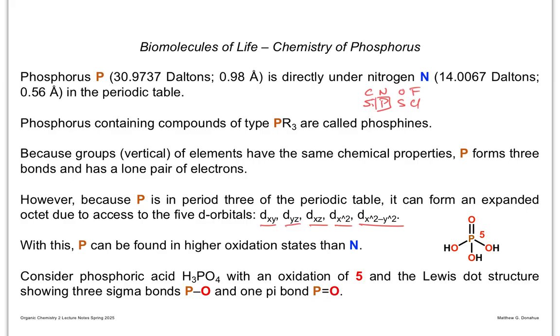So when you look at that, it has 3 sigma bonds to oxygen and then 1 pi bond to an oxygen. And so phosphoric acid itself is pretty interesting because it can exist in a lot of different forms.